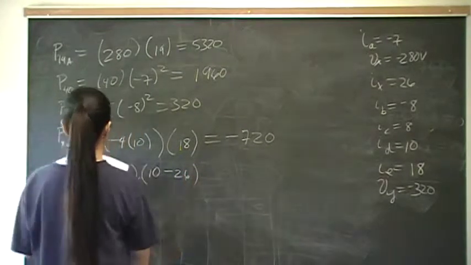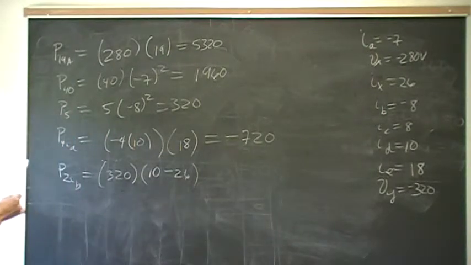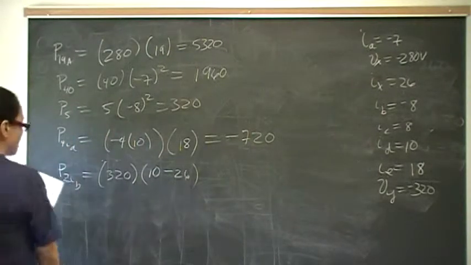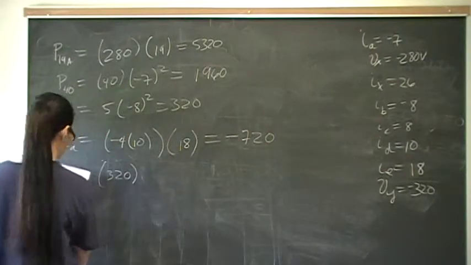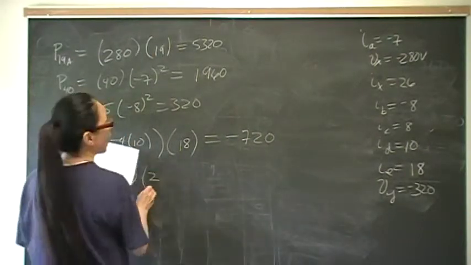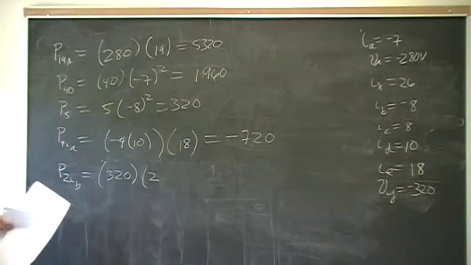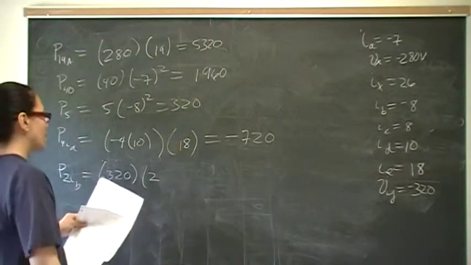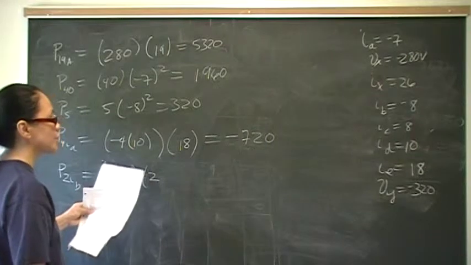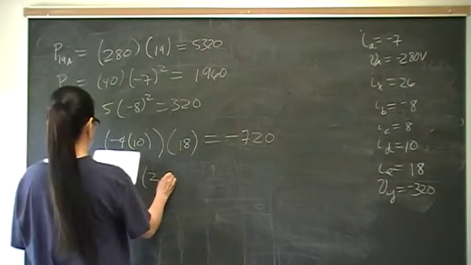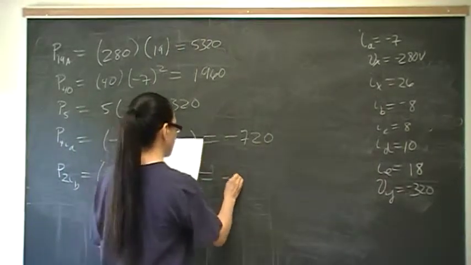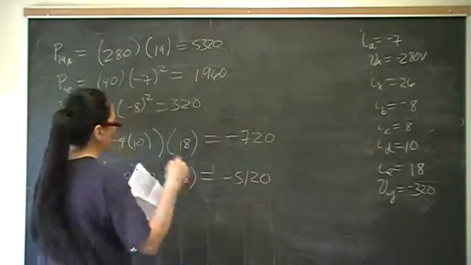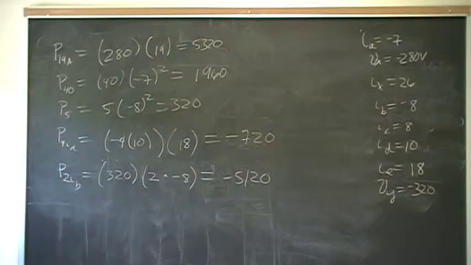Oh no, I'm being silly. It's a current source, so it's going to be times 2IB. The current source itself is controlled by 2 times -8. That should give you negative 5120. It would have worked the other way out too, so that's irrelevant actually.